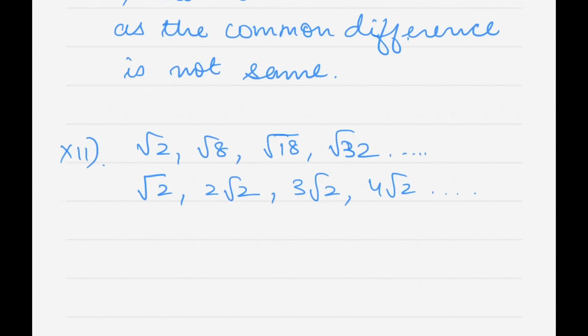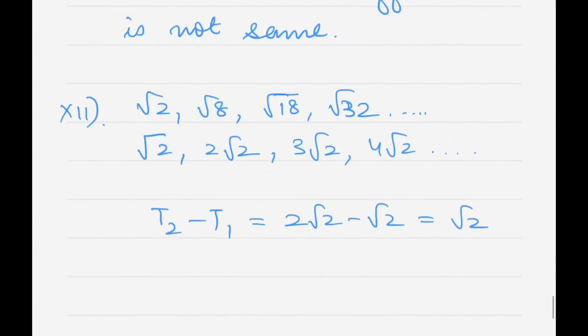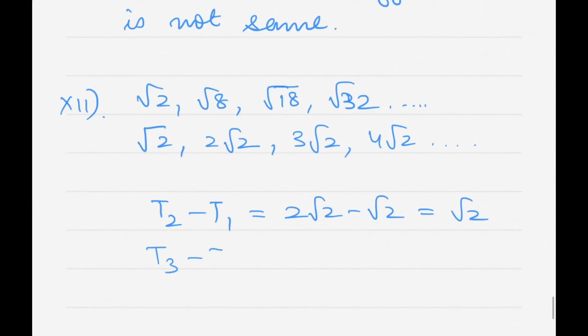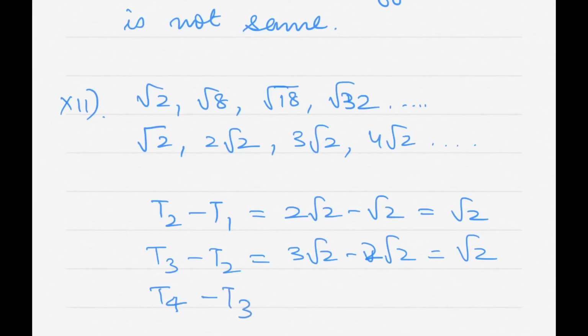Now, T2 minus T1 will be equal to 2 root 2 minus root 2, so root 2. T3 minus T2 will be equal to 3 root 2 minus 2 root 2, so this is also root 2. Then T4 minus T3 is 4 root 2 minus 3 root 2, that is also root 2.